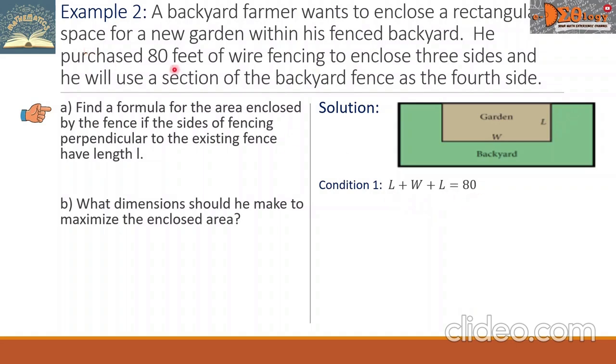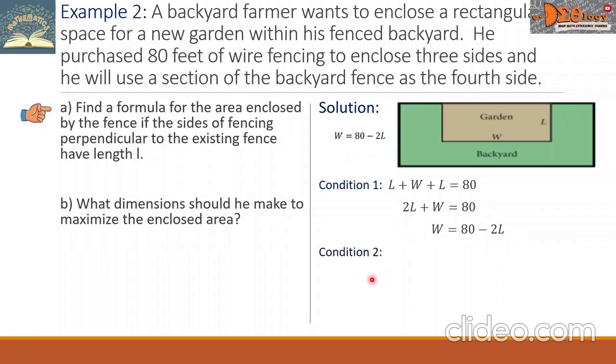This 80 is the length of the wire purchased by the farmer. Let us simplify this. L plus L is 2L plus W equals 80. Then we isolate W. This 2L we transpose to the right, so it becomes negative. So W equals 80 minus 2L.